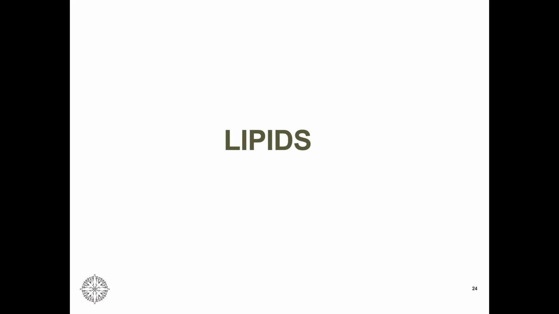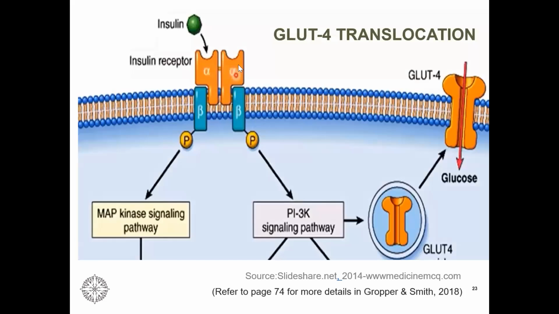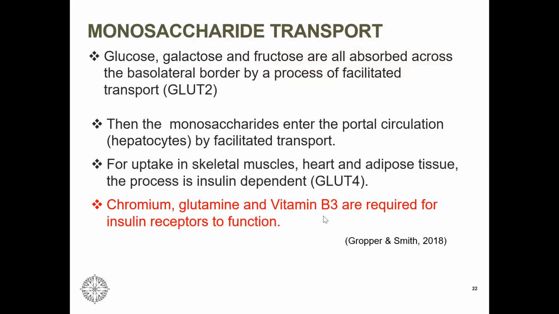So as we mentioned a couple of slides ago, that insulin receptor needs vitamin B3. For some reason, if somebody is not consuming B3 or is consuming it in a way that it is not available to the body, and we will explore this in the next session.